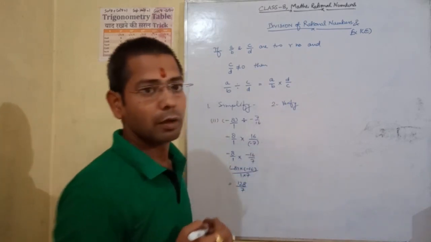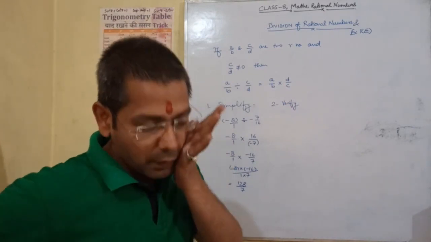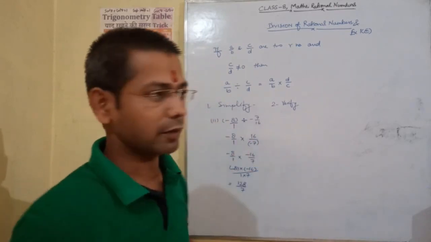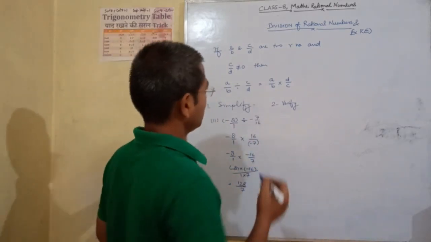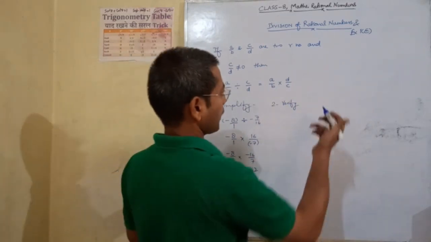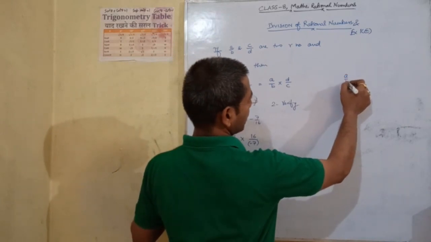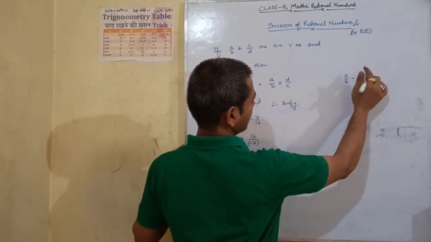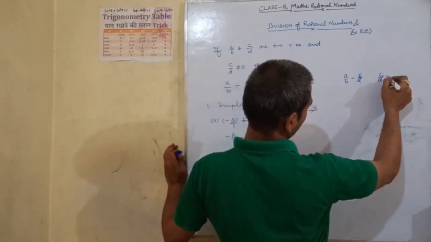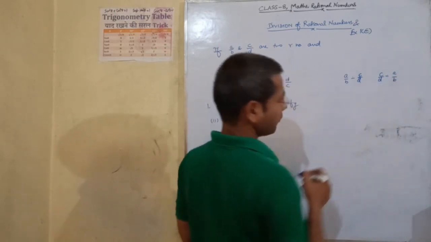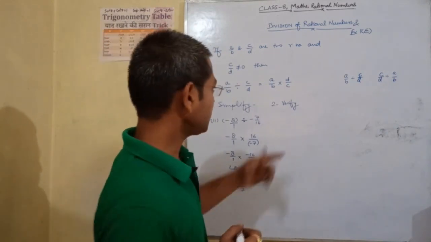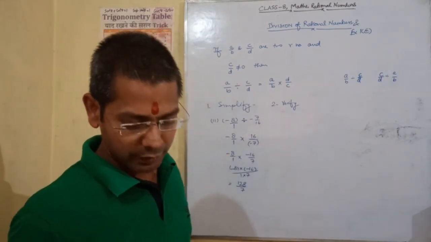In verification of the division of two rational numbers, the property is: will a upon b divided by c upon d be equal to c upon d divided by a upon b? We will check it in this second question.